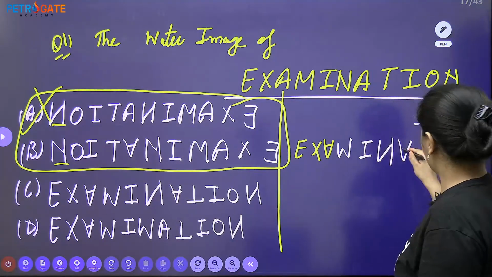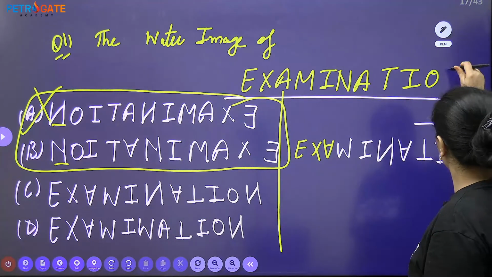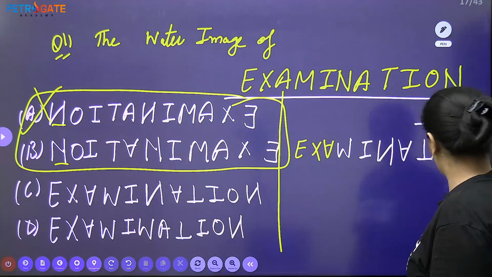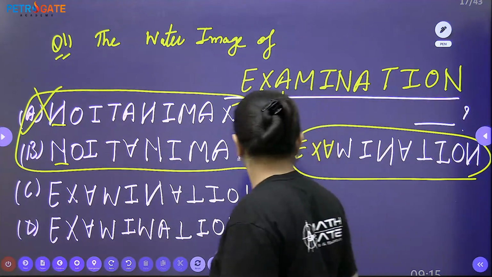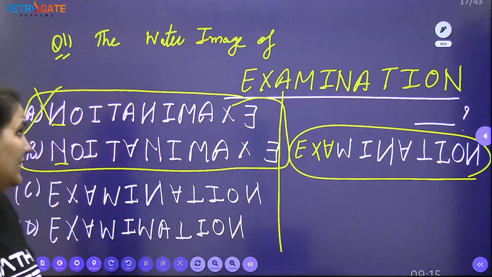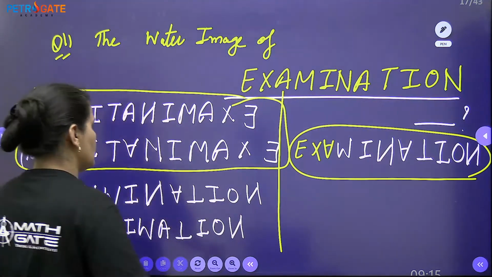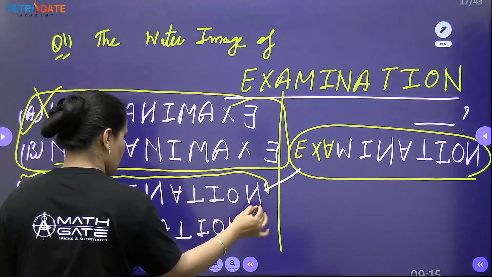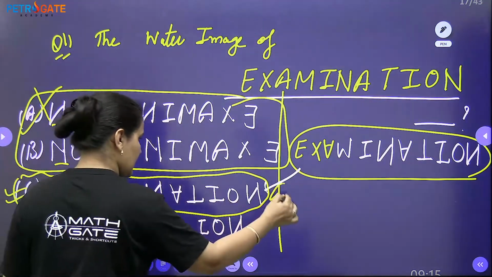And A will be like this, T like this, I, O, and again the N looks like this only. So E X A M I N A T I O N, if I'm not wrong, I'm getting examination. So according to me, the right answer must be option number C for Chennai.